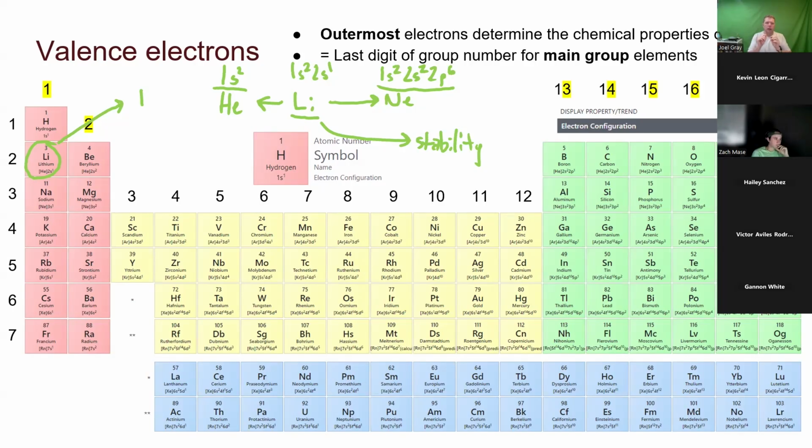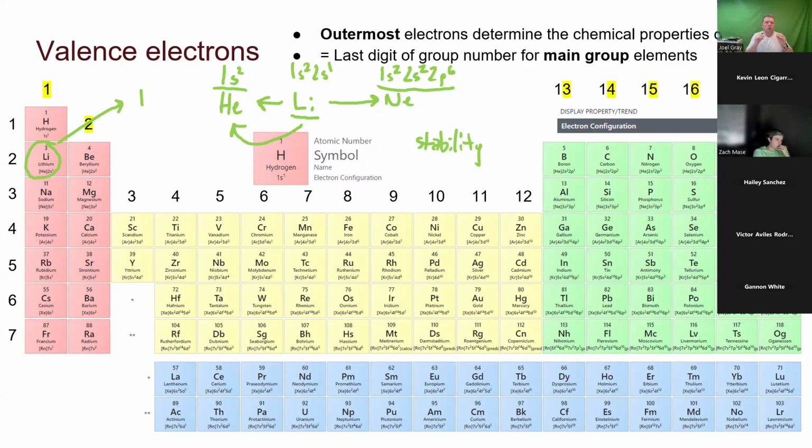Okay. Now, let's imagine lithium going to take on the electron configuration of helium. Now, a fair question there is, well, what do I mean by taking that on? Taking on the electron configuration? So, like, taking its three electrons and plugging it into there?